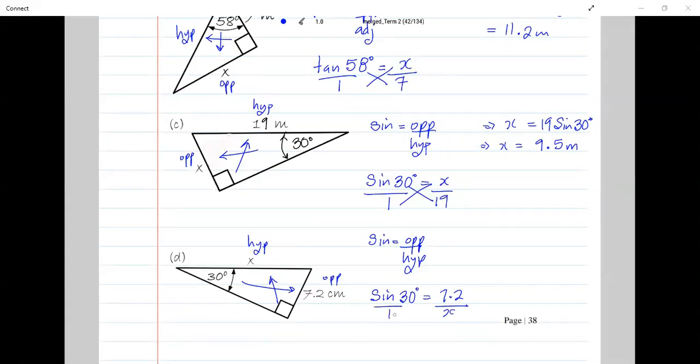Put the sine 30 over 1, then I'm going to say, if I have one fraction equal to one fraction, I'm going to cross multiply. And so this is x times the sine of 30 degrees is equal to 1 times 7.2, which is 7.2. My objective is to find x, so I'm going to divide both sides by the sine of 30 degrees.